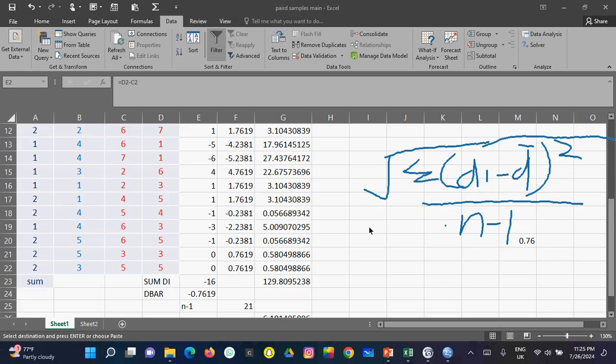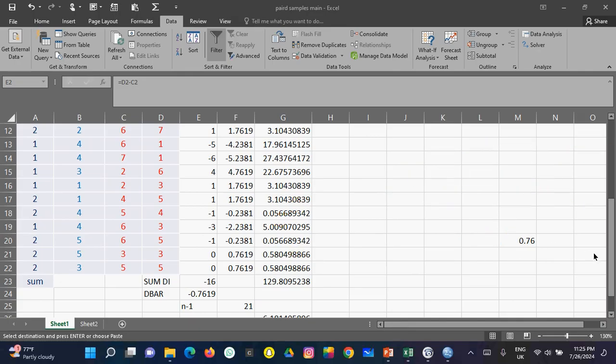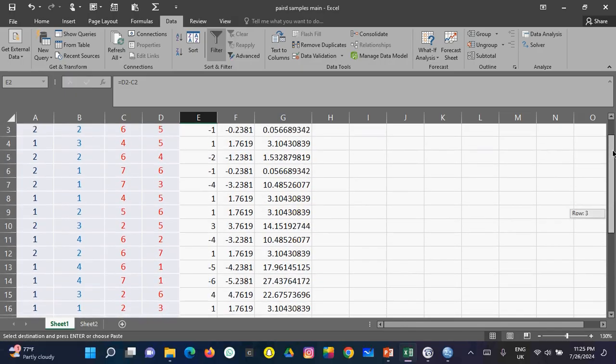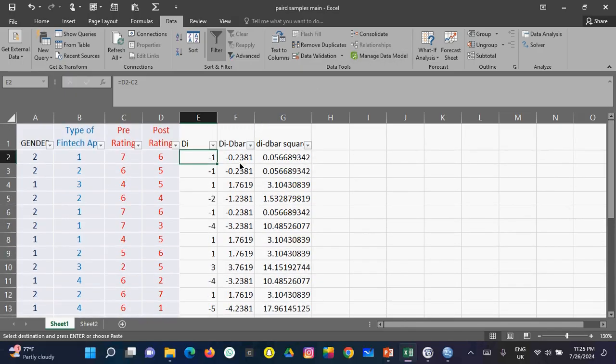So what I did on Excel was di minus d bar.